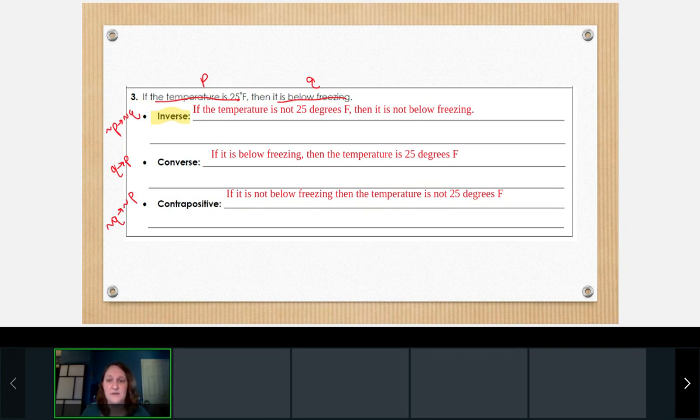Okay, once you have that written down, give me a check mark so I know I can move on. Inverse. Capitals don't matter, just the spelling. I-N-V-E-R-S-E. All right, I've got 28 people of the 42 that have it written down and are ready to move on.